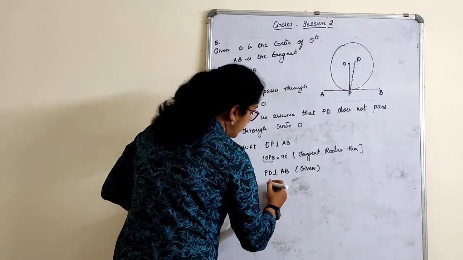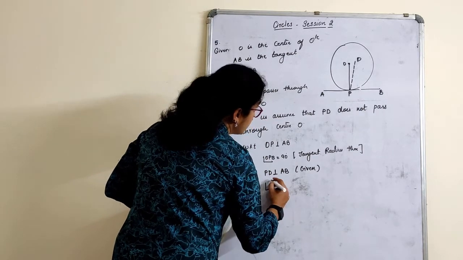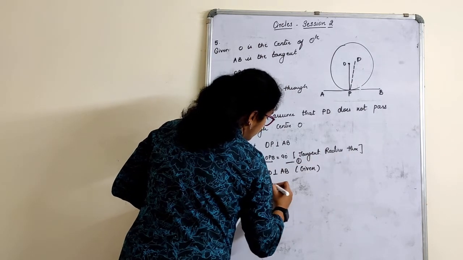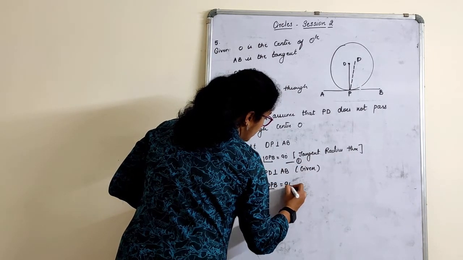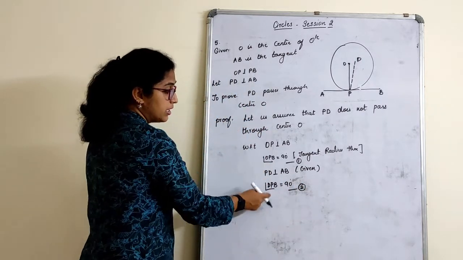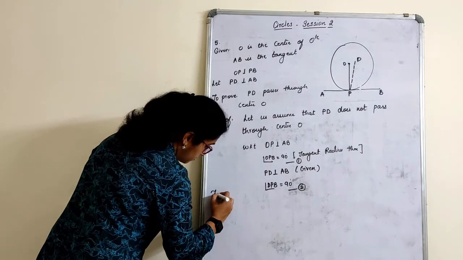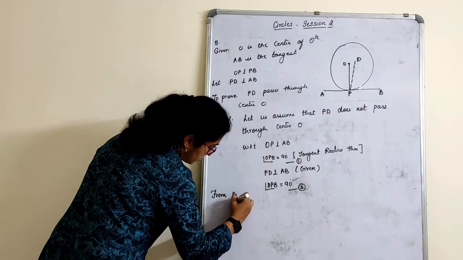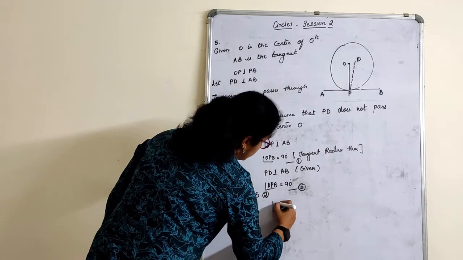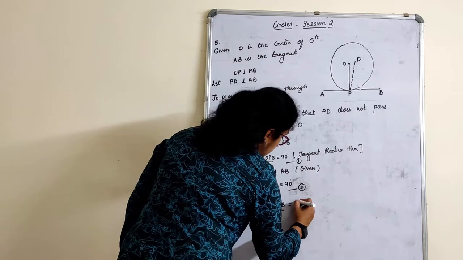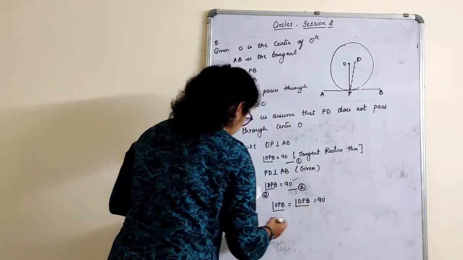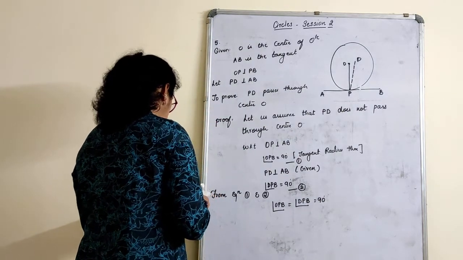So since it is perpendicular, angle DPB, equation 1... angle DPB is also equal to 90, not by the tangent radius theorem here, because you only know it from the given part. Equation 1 and 2. From equation 1 and 2, I can say that angle OPB is equal to angle DPB, that is equal to 90 degrees, since both the angles are equal.